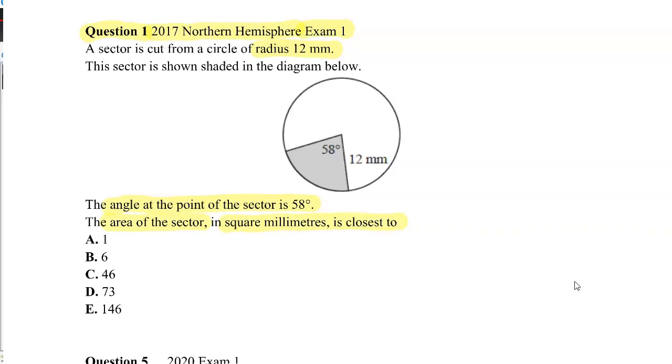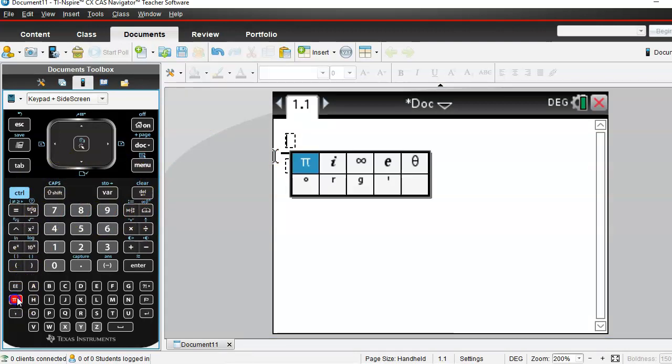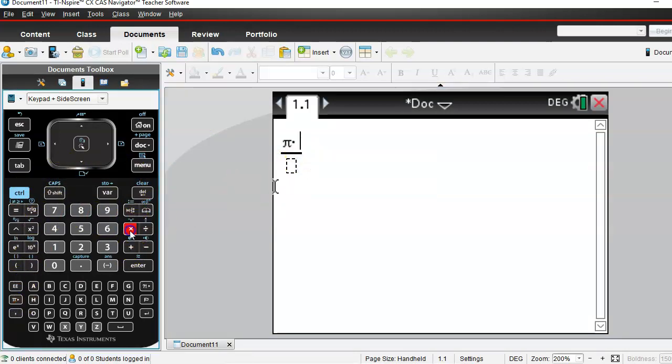Okay, so let's get up our calculator and I'll look at my formula again. Pi times r squared, which is 12 squared, times 58 degrees, all over 360.